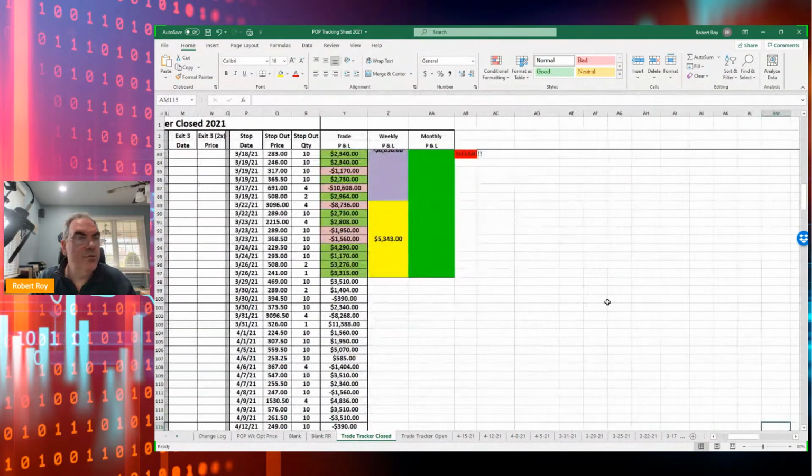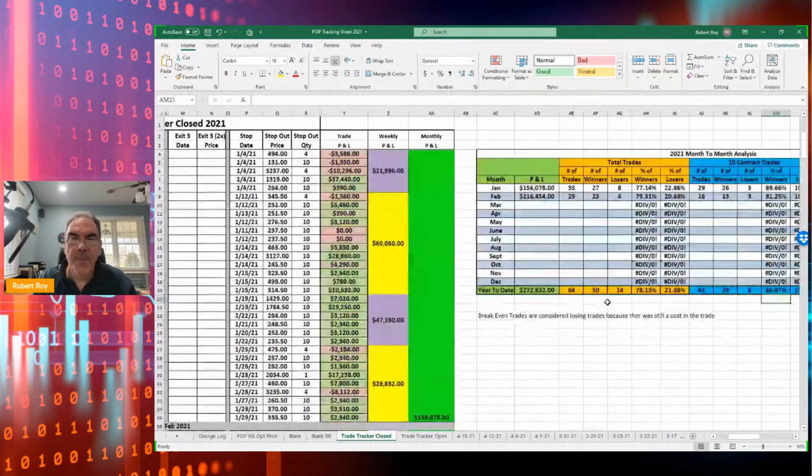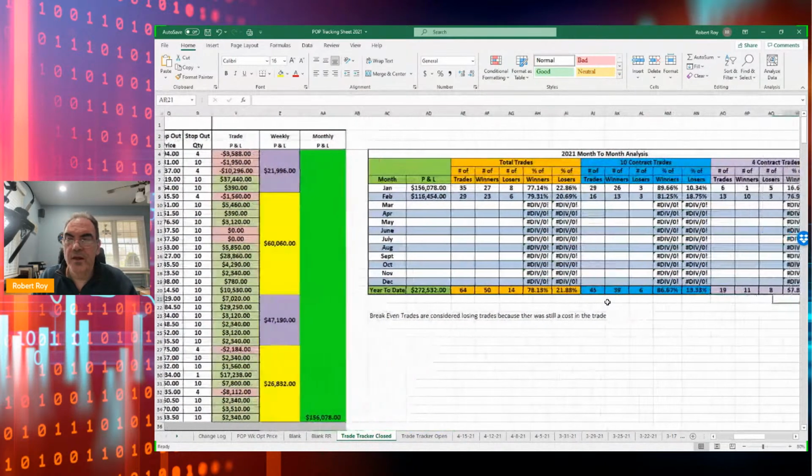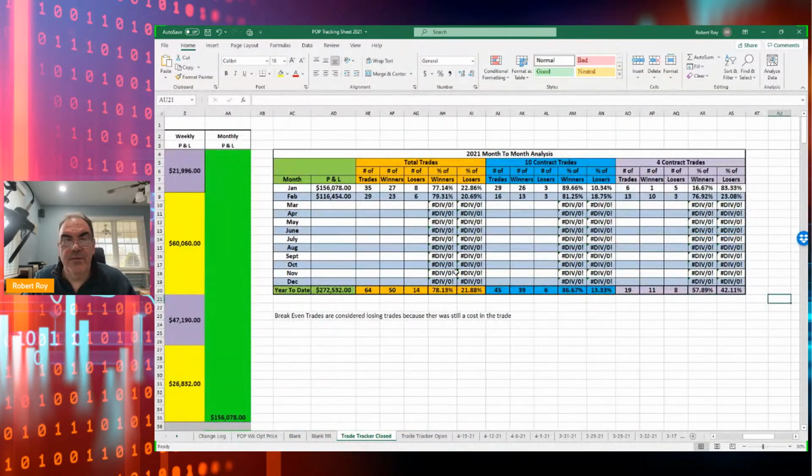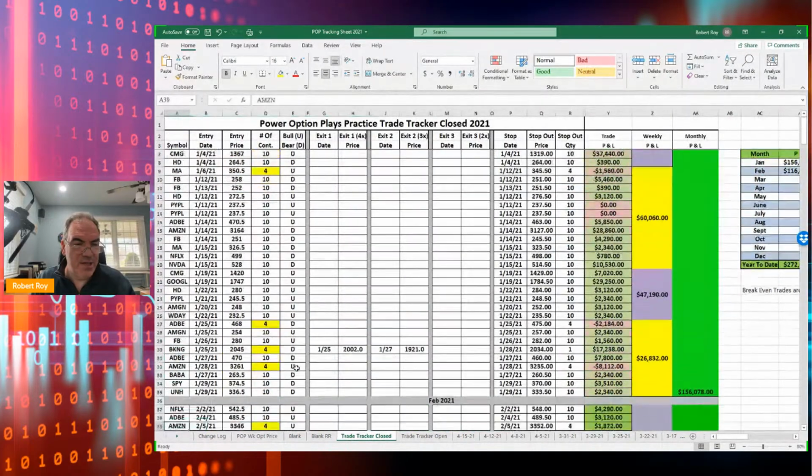I don't have March done yet. I haven't done it, just lazy. But here's our January and February on what we've done. So overall, 78% of our trades move in our direction and are winners, 21% are losers.